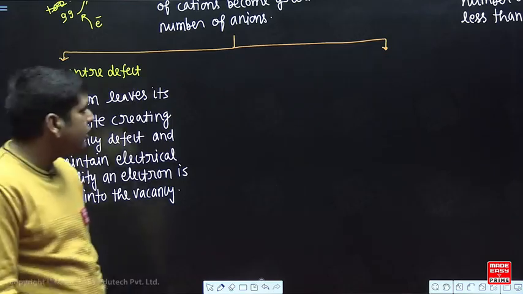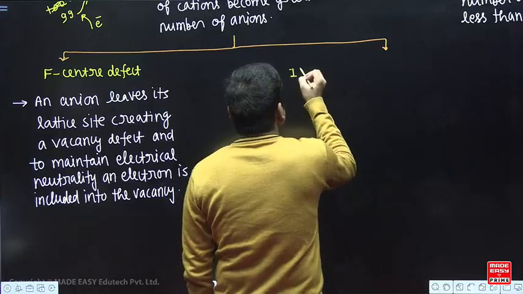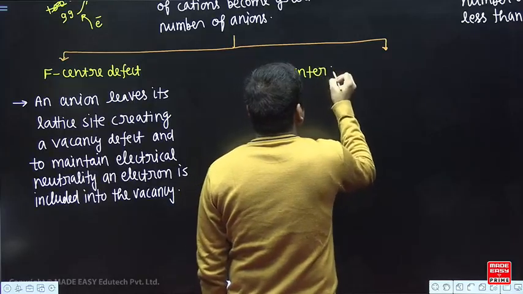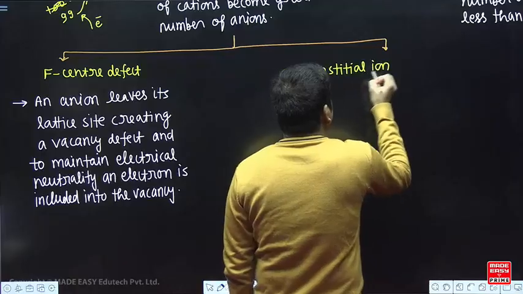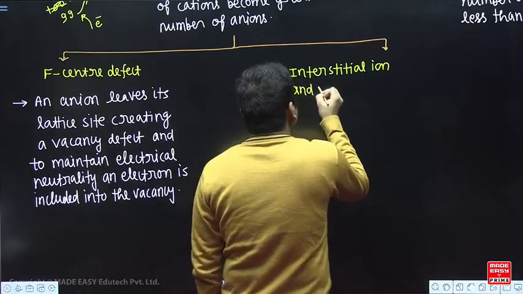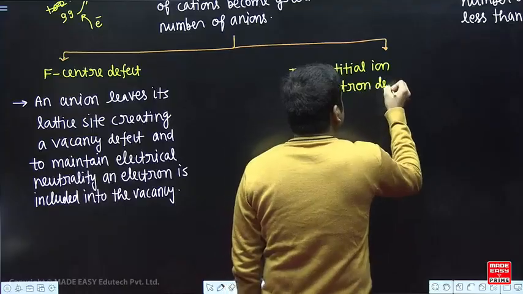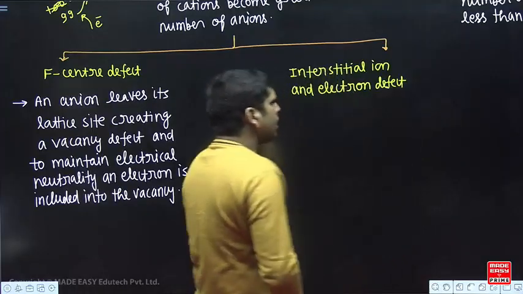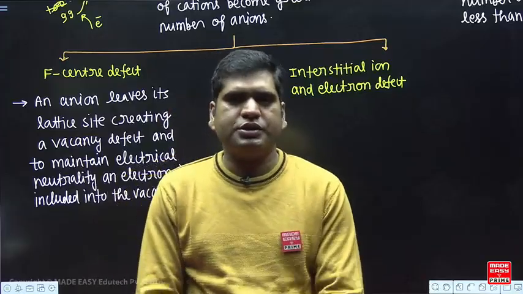The second one in this is interstitial ion and electron defect. Suppose an extra cation is included into the material at an interstitial position.